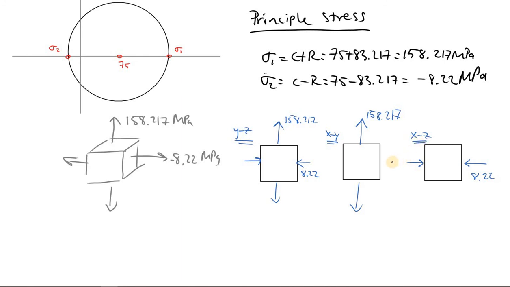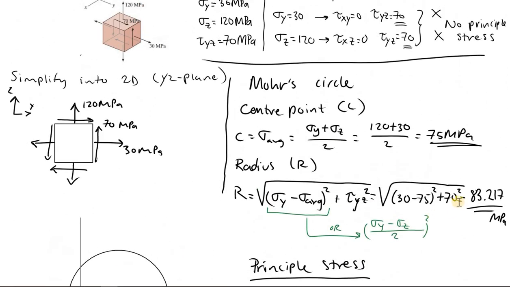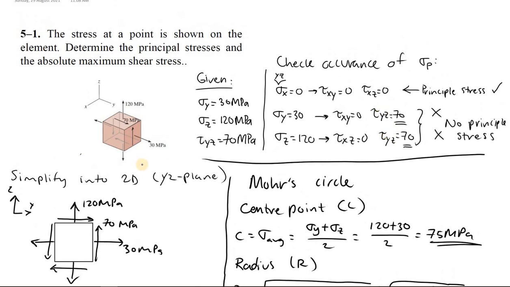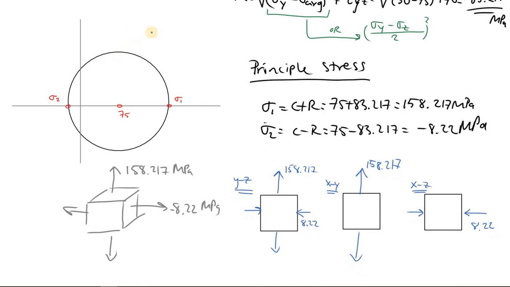But we're going to go back to the top of the question, where we already found a principal stress. So we actually already know that our third principal stress is our normal stress in X, which is 0. So I can note out that this is my principal stress 3.